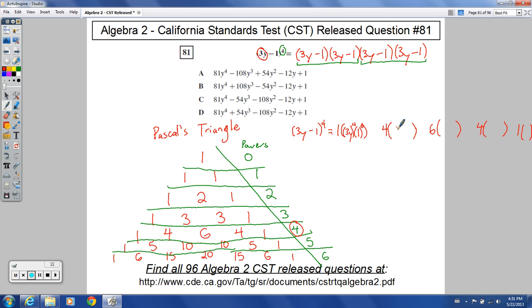Then as you move down the line, take this one, but reduce it by 1, and then take this power and add 1 to it. So what do I mean by that? I mean this. You're going to have 3y to the third, and then 1 to the first. You're going to have 3y squared and 1 to the second.